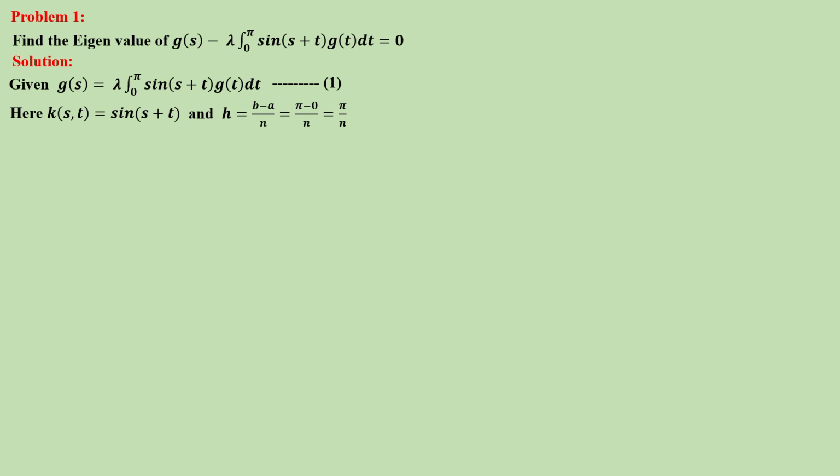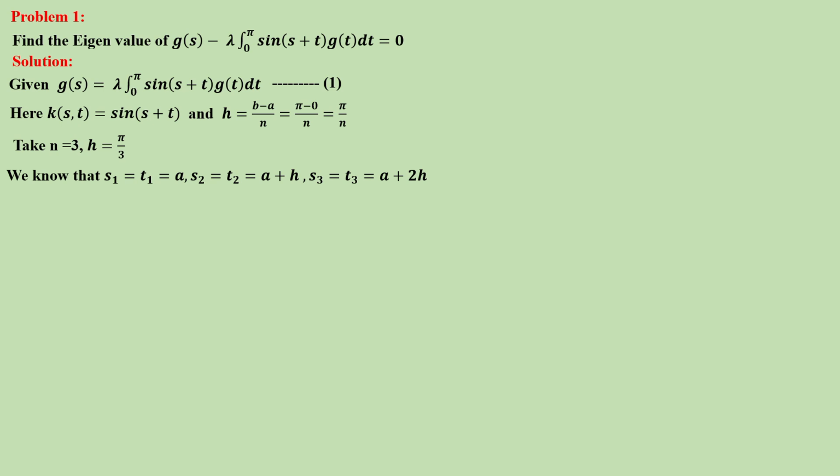So h is (pi minus 0) by n, that is pi by n. We need an n value to split the integral, and for a large n it is very difficult to calculate. So for convenience we take n equal to 3, therefore h is equal to pi by 3.